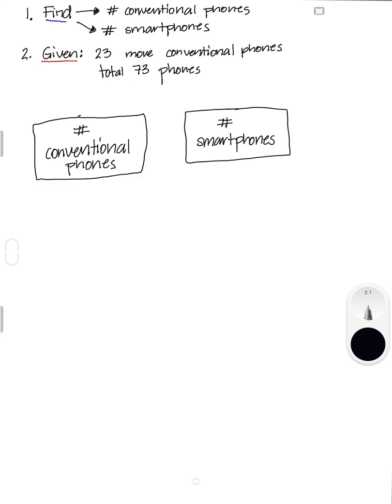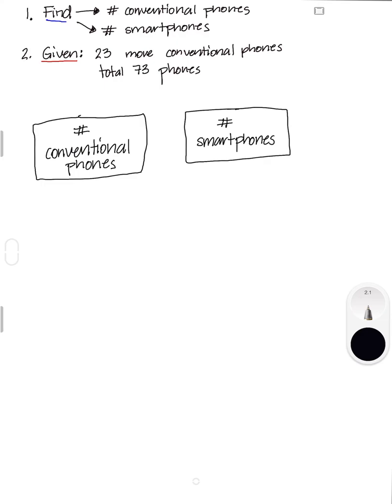Because there are 23 more conventional phones than smartphones, whatever the number of smartphones is, we're going to have 23 more than that of conventional phones. However, we don't know the number of smartphones. That's an unknown value.